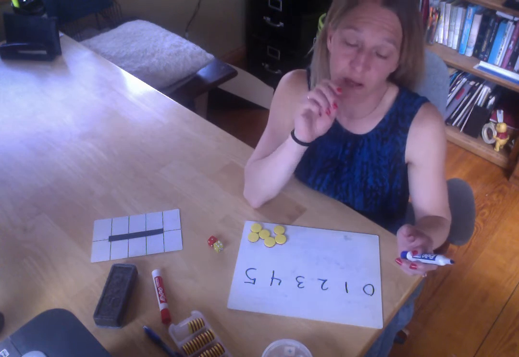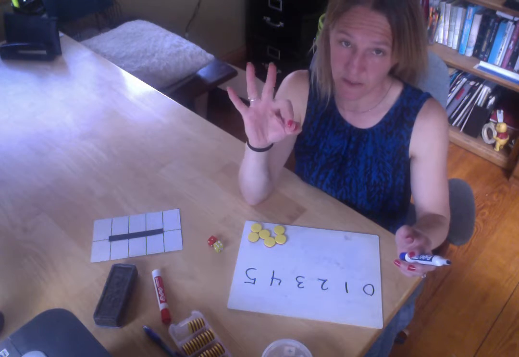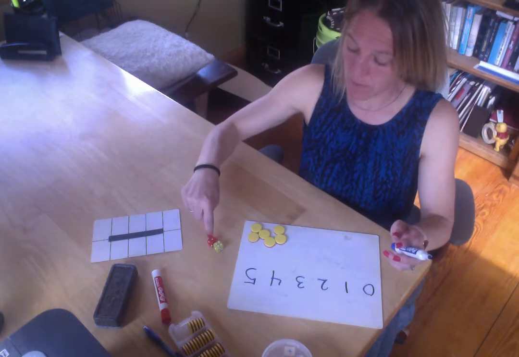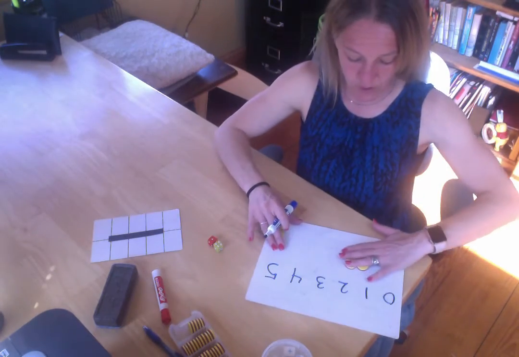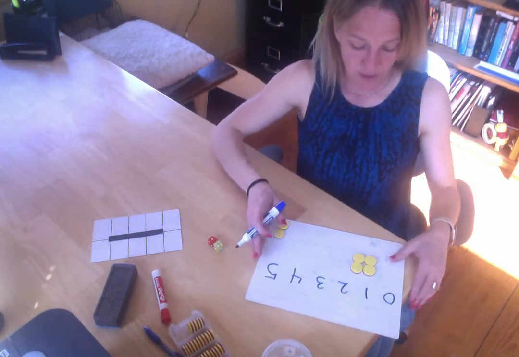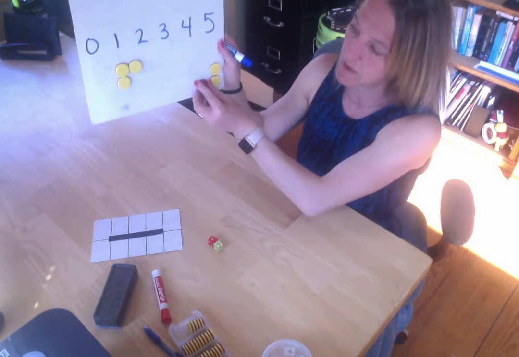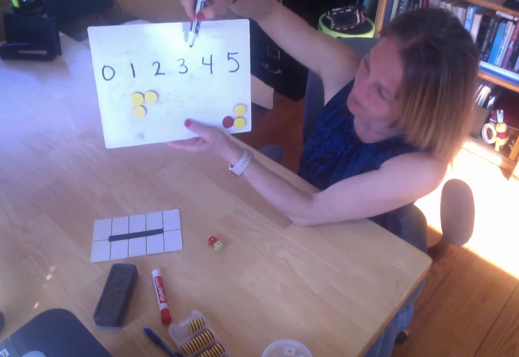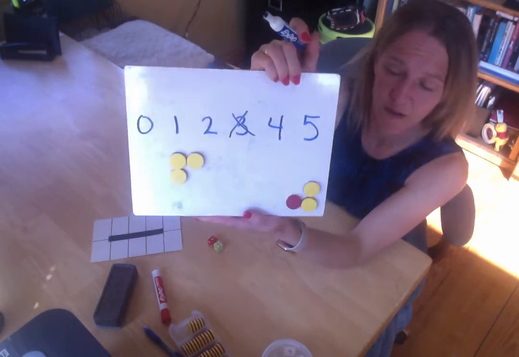So remember, you're doing 4 minus 1. Okay, 4 minus the other number. So I'm starting with 4, and then I'm going to take away the 1, and I am left with 3.